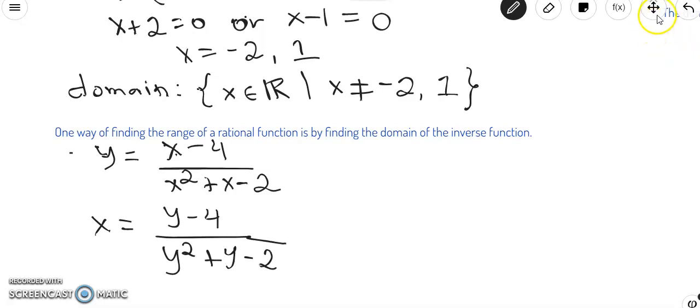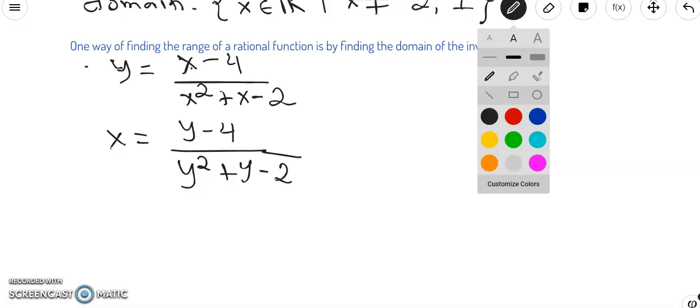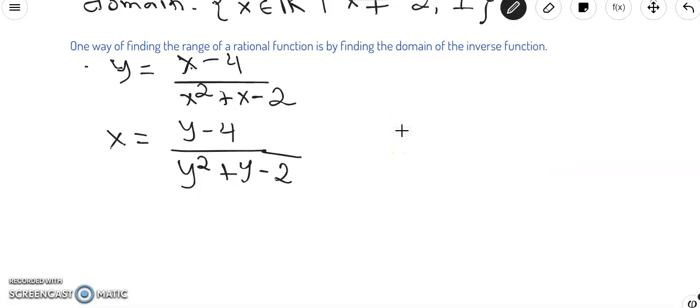So, isosolve natin ang y in terms of x. Dapat ang variable na y ay mapunta sa left side at ang variable na x ay mapunta sa right side. So, multiply both sides of the equation by y squared plus y minus 2. Kaya magiging x multiplied by y squared plus y minus 2 is equal to y minus 4.